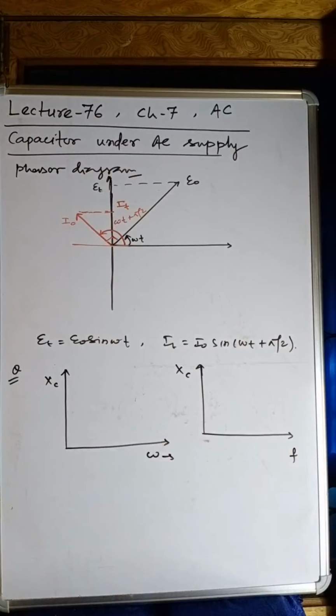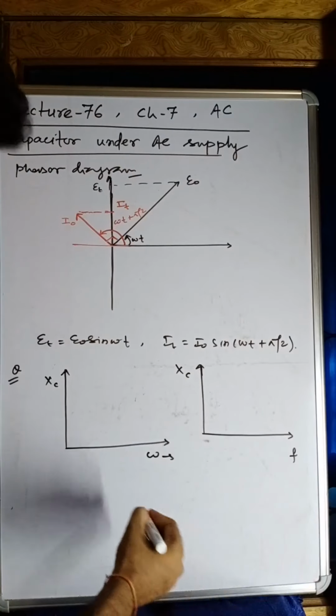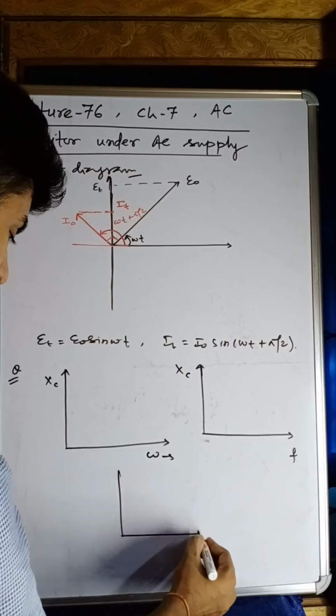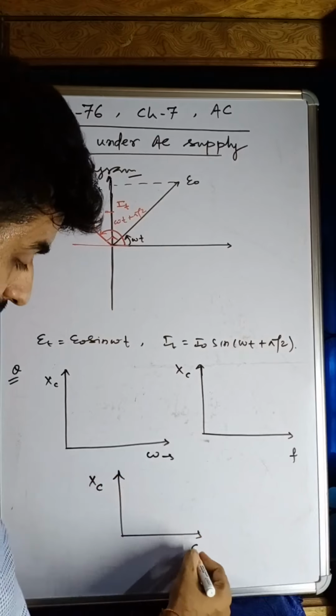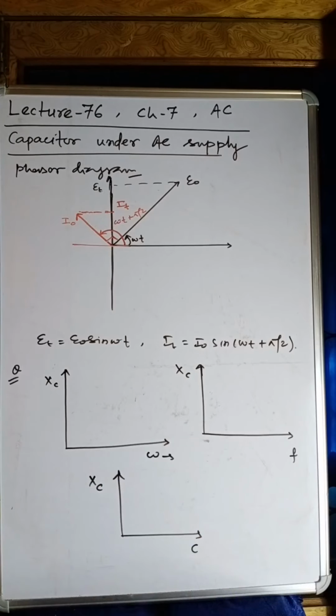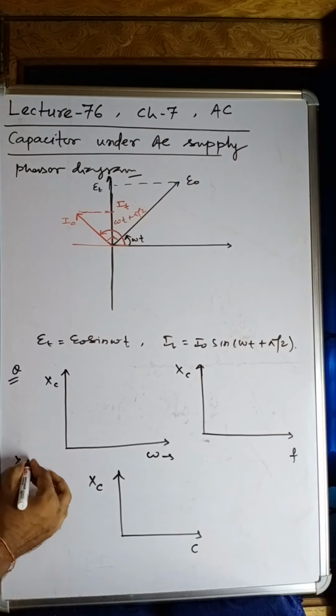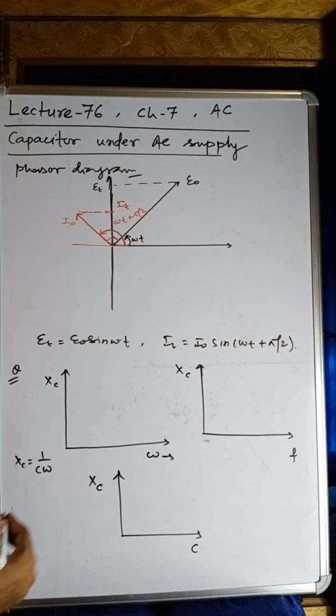It has been asked in examinations, or you may be asked to draw it with the capacitance at constant angular frequency. Could you draw? Yes, we can draw this graph. Xc we know is 1 by C omega. Am I right? It is 1 by C omega.